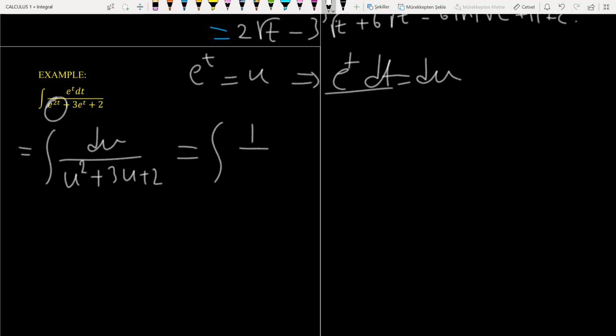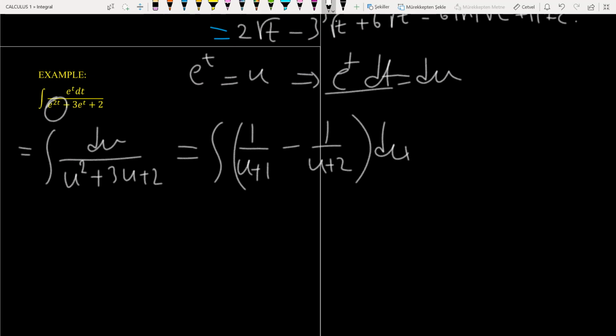So if you find the decomposition, you will get 1 over u plus 1 minus 1 over u plus 2 du.